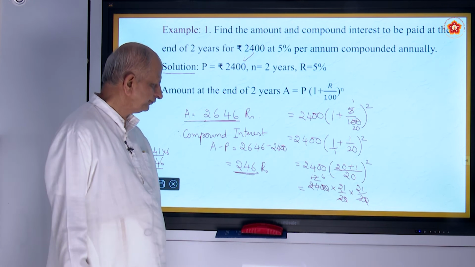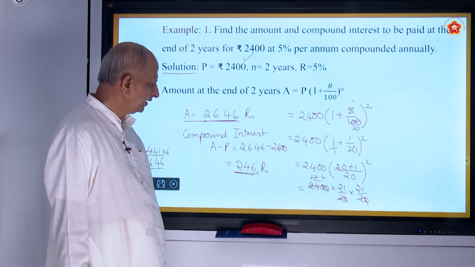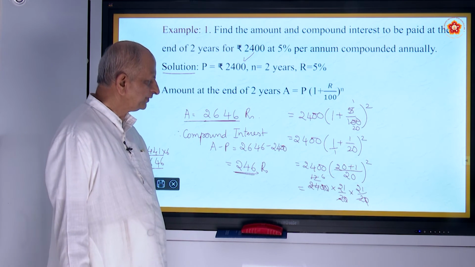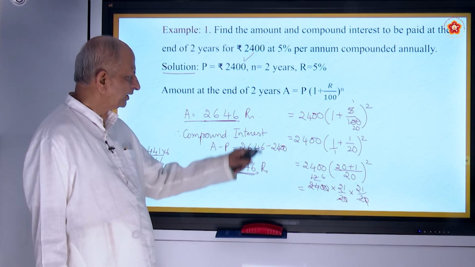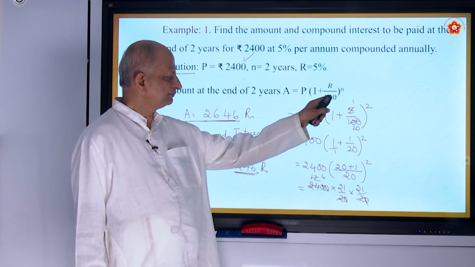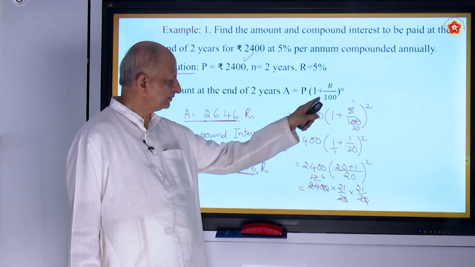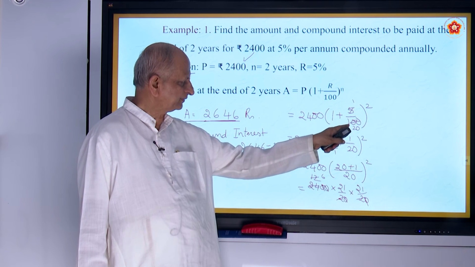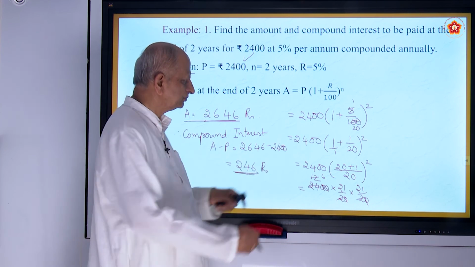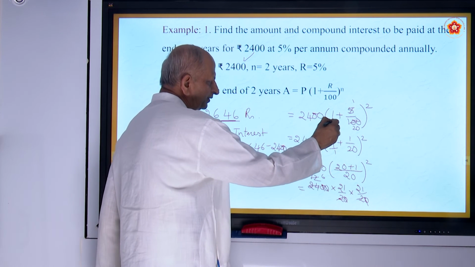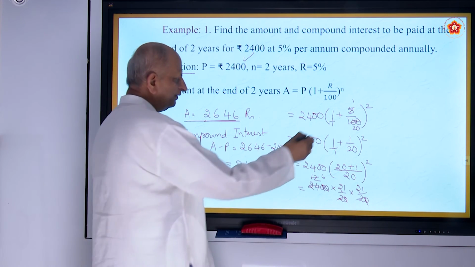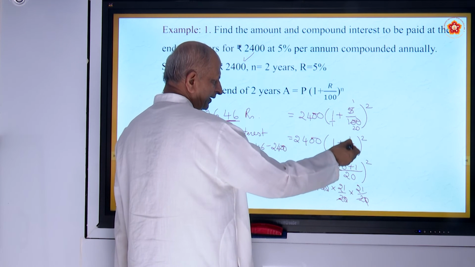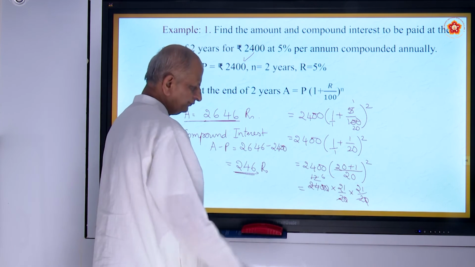Correct? So it is a little more than the simple interest. So what have you done? You have taken the formula, applied the given details, you get 1 plus, so LCM is 20, and here 20 ones are 20, plus 1, whole squared.